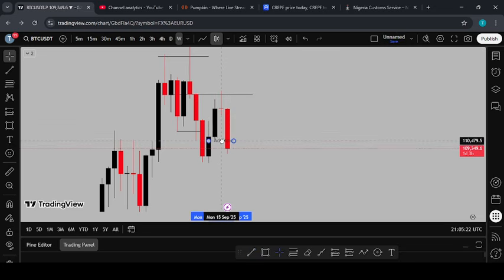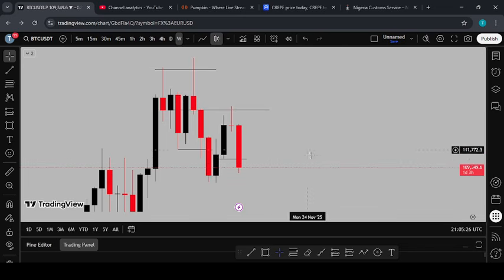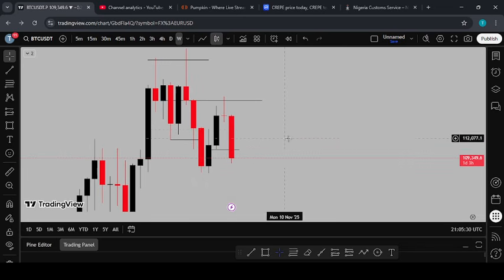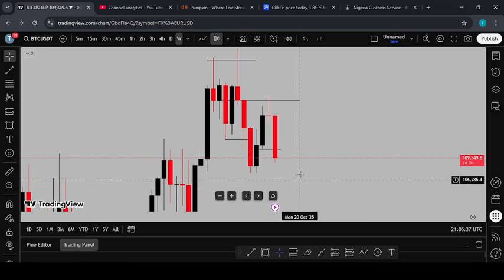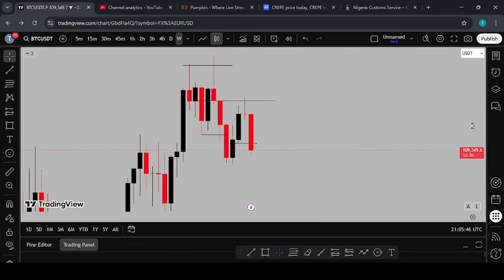Those of you, tell me, what is the name of this pattern? Drop it in the comment section. What is this? A bullish candle, a doji, and a bearish engulfing. We don't know if it's going to close below, but it doesn't matter. As long as it's closing below this, it's bearish. So we have 1 day 3 hours for the candle to close.